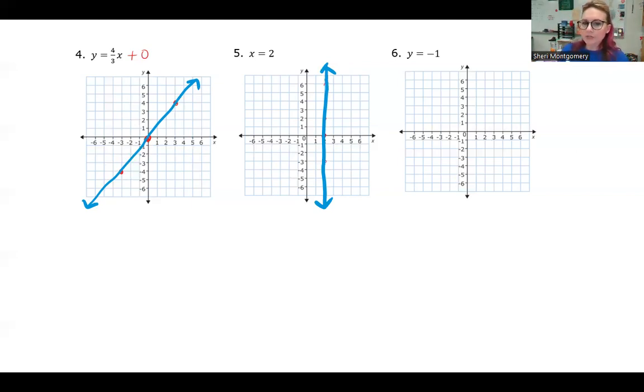As a side note, for a vertical line, if we thought about what slope is, because slope is how far up you go and how far over. So for this one, if I asked you what the slope is, how far up do you go? Forever.